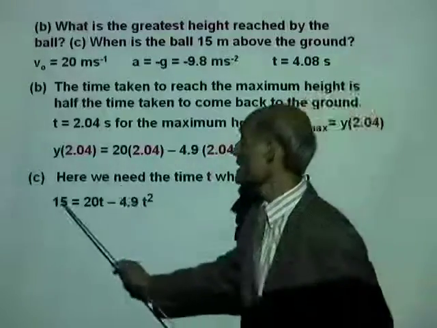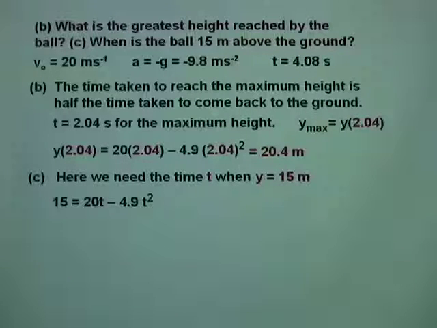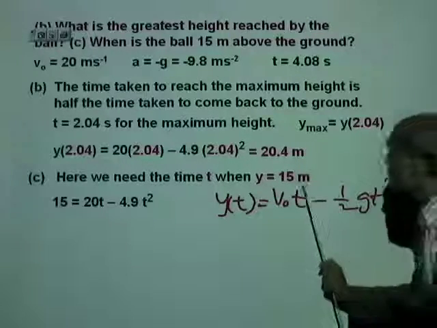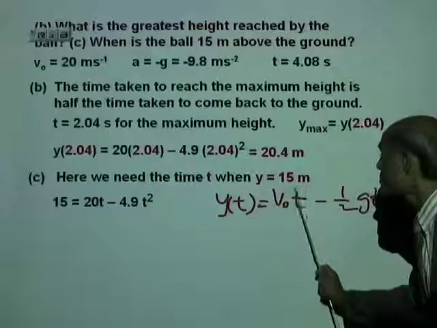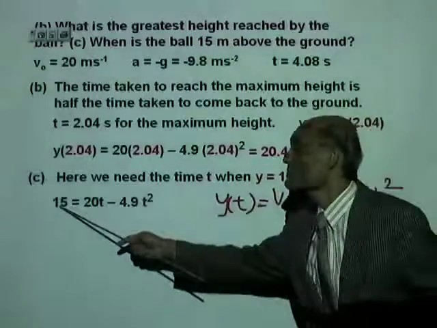And so let me write that position function for you. My position function is y of t equal to v0t minus 1/2 gt squared. Now what are we supposed to find? We are required to find this value of t when y equal to 15 meters.